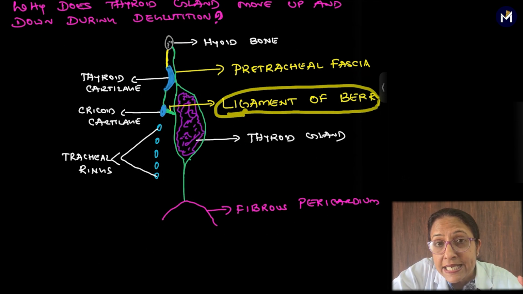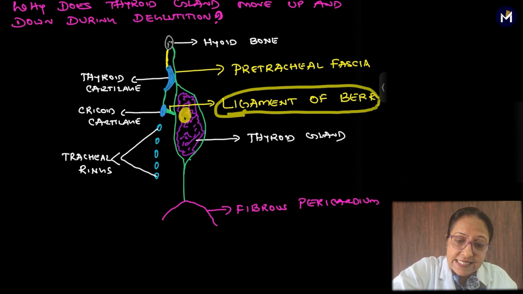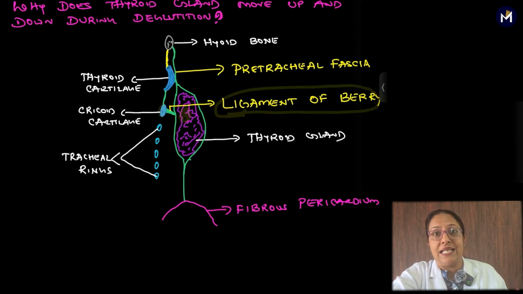So this ligament of Berry, which is very important, connects the thyroid gland to the cricoid cartilage. So when the larynx moves to close the airway while swallowing, the thyroid gland will also move along with it. This is the reason for the movement of the thyroid gland during swallowing.